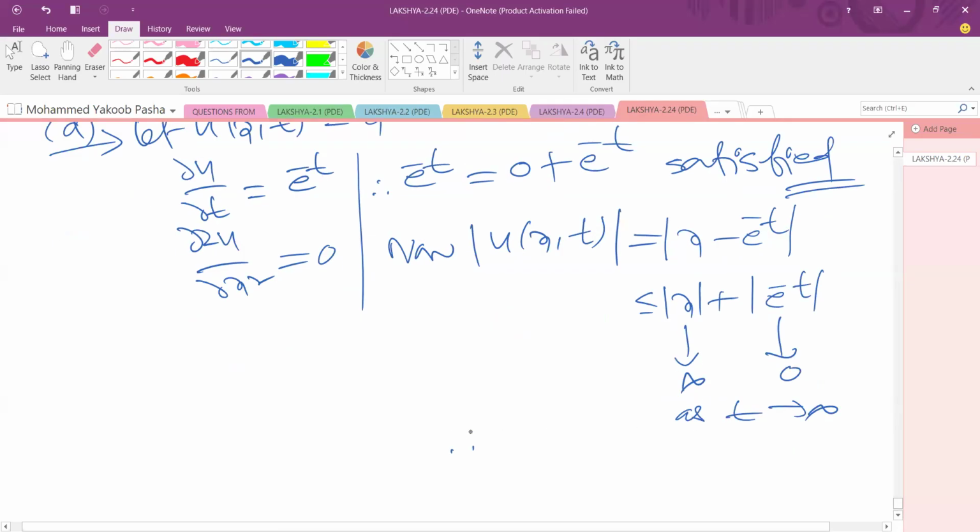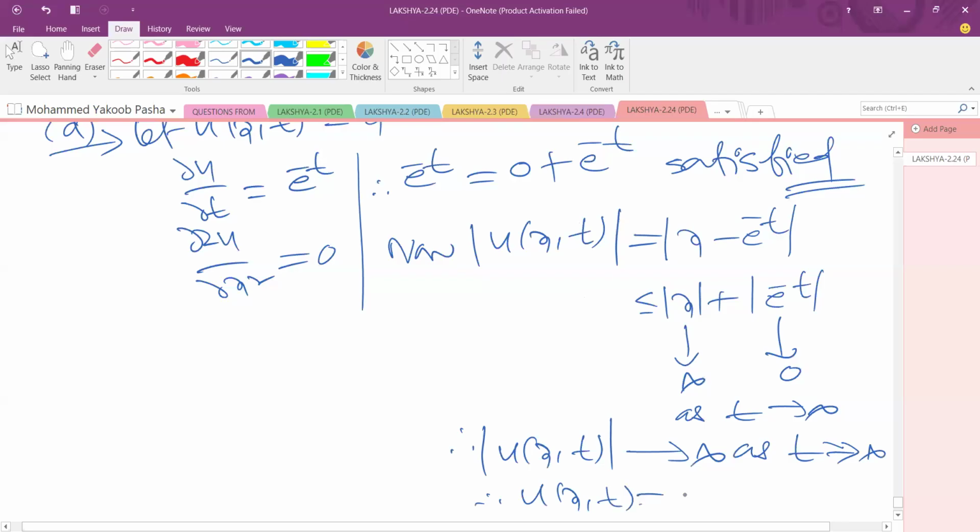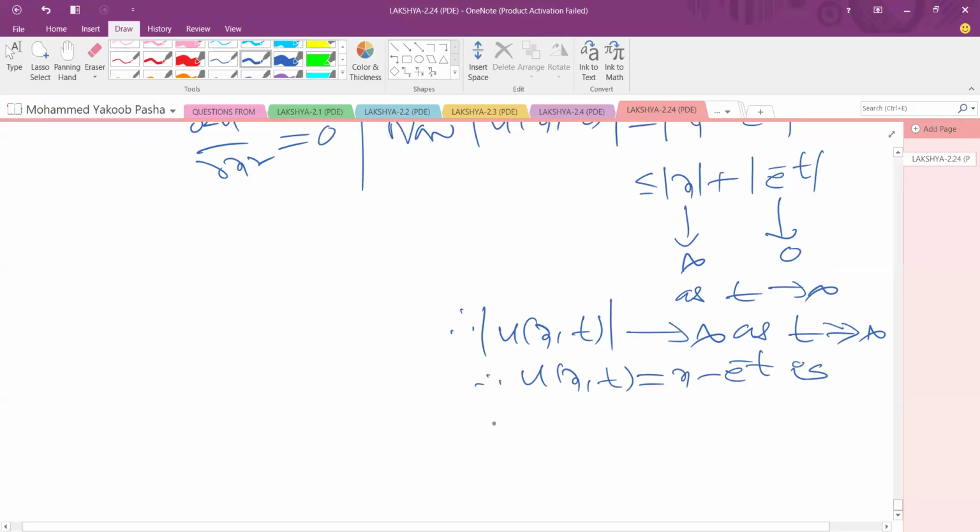Therefore modulus of u of x comma t tends to infinity as t tends to infinity. Therefore u of x comma t is equal to x minus e power minus t is unbounded.